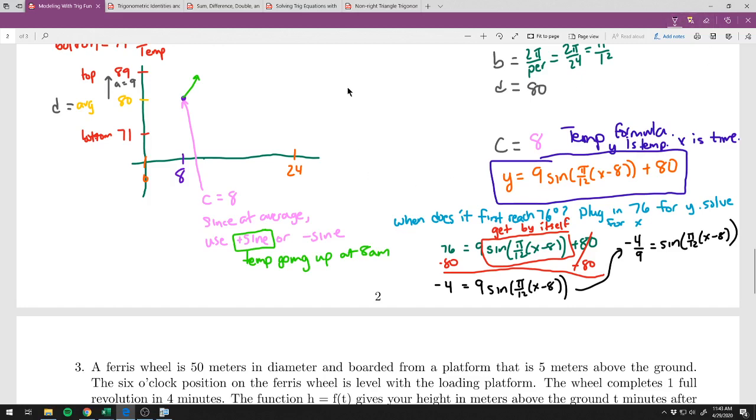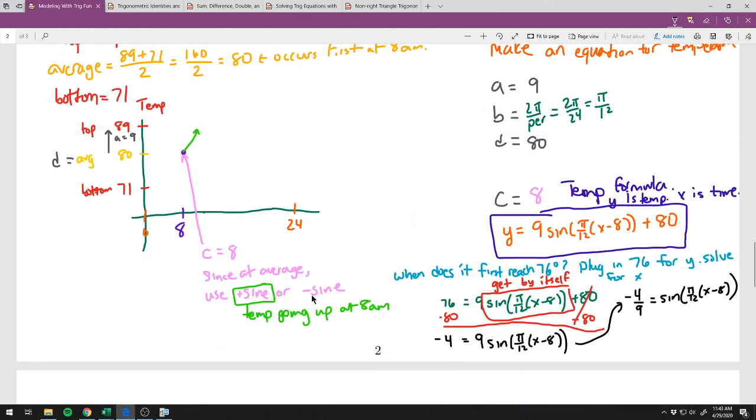All right, I'll continue this in the open space over here. So we got -4 over 9 equals sine of pi over 12 times x minus 8.